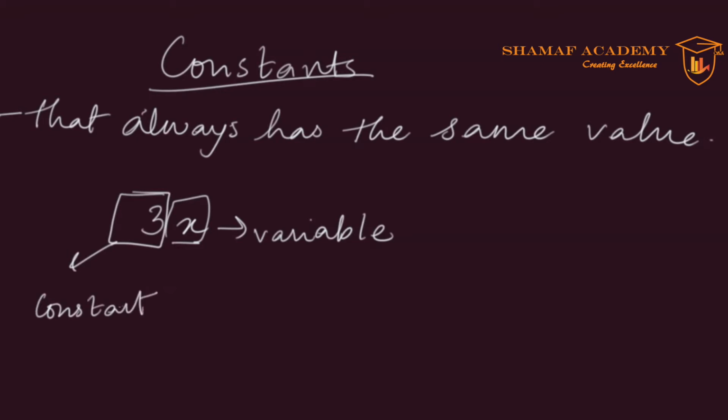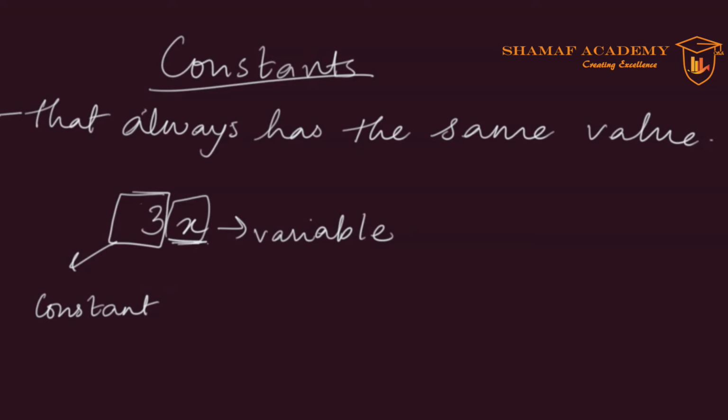Because even if the value of x keeps changing, the 3 won't change. 3 won't become a 5. It won't, because it's a constant. But x can become a 5, a 6, a 7, 8, 9, 10, anything. But this 3 is always going to be the same.